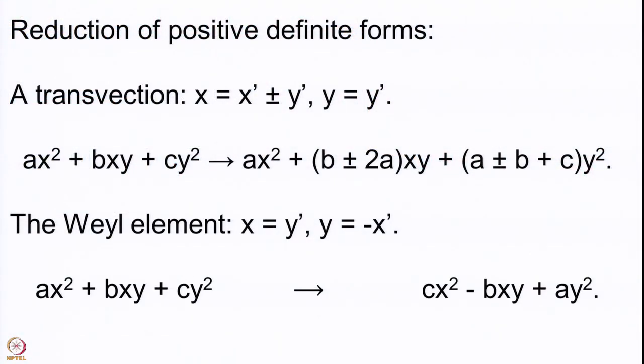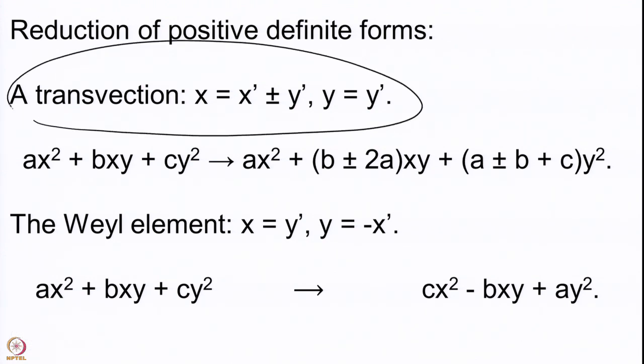So, before we go to the main proof, let me just quickly recall these things for you, that we have introduced these very important transformations. The first one is called a transvection.